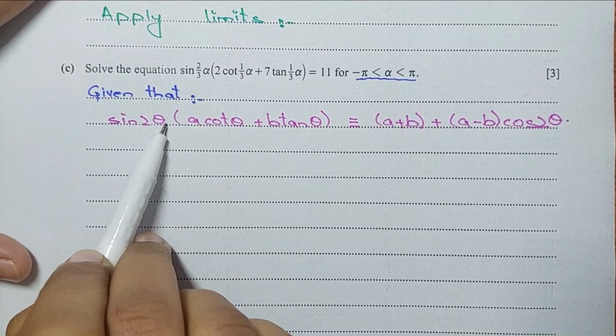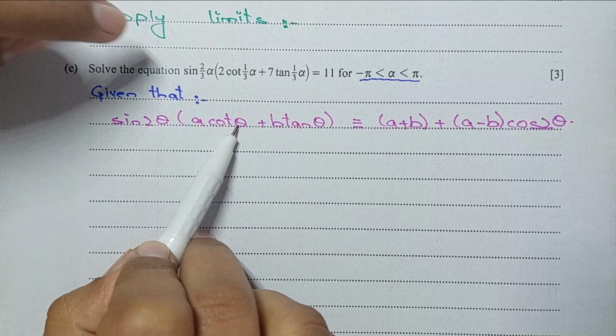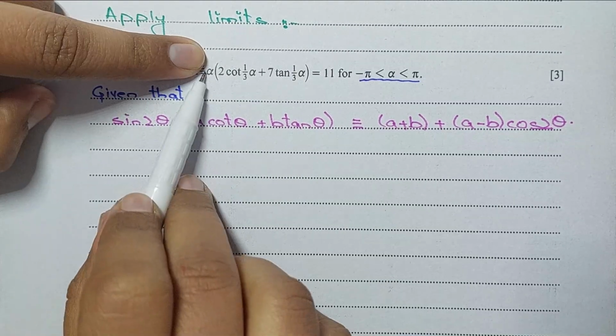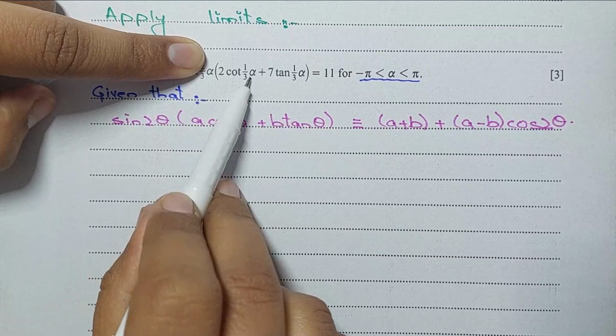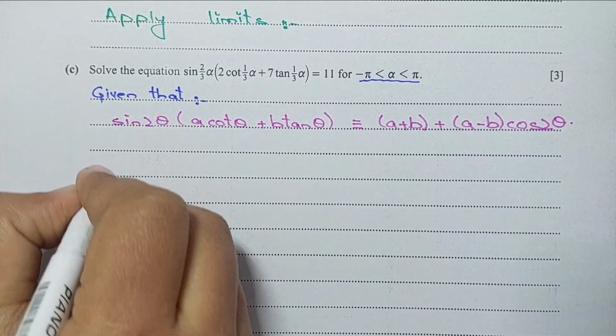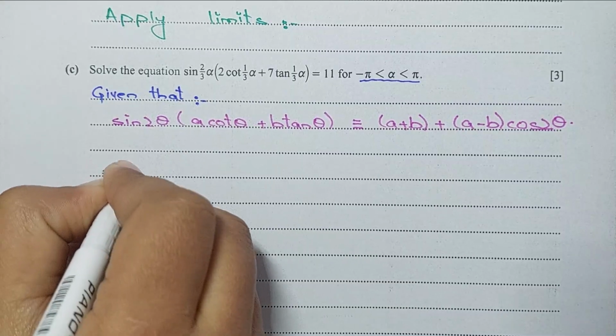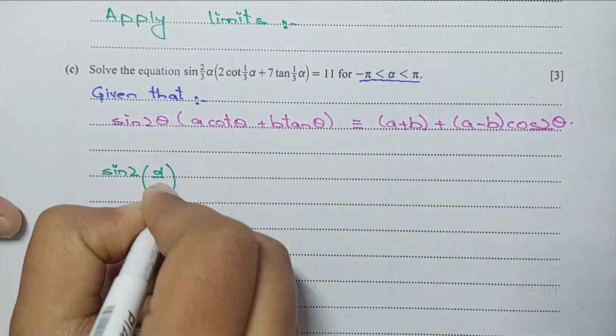Okay, 2 theta is alpha by 2, alpha by 3. Sine 2 is as it is and alpha by 3 is your theta. A value is 2, theta is alpha by 3, b value is 7. Here we have sine 2 and the alpha value, theta is alpha by 3.